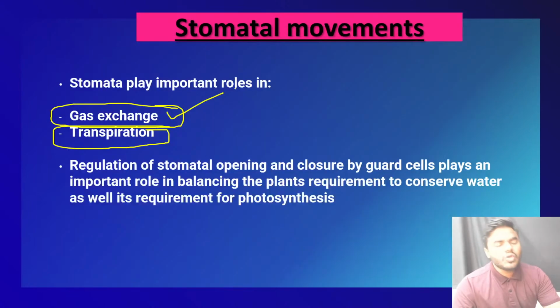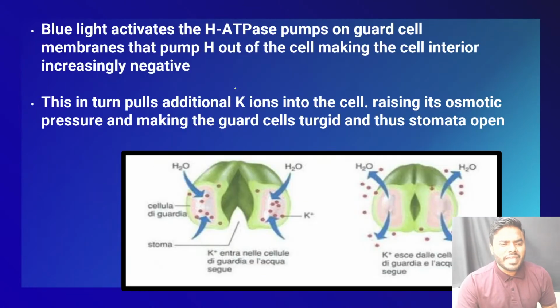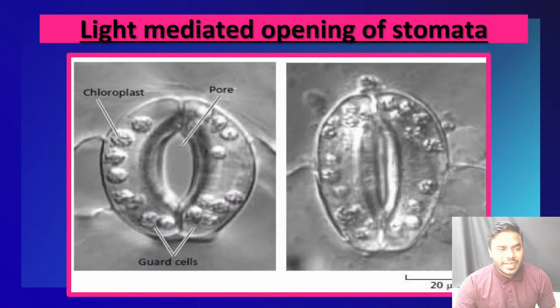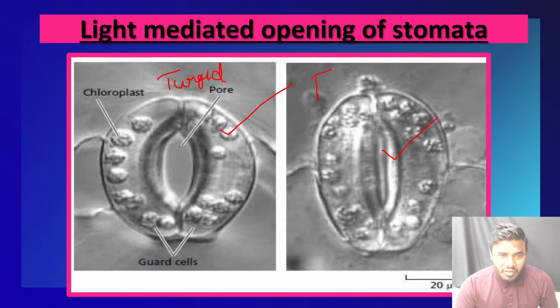Now we also know very well, friends, we read many times, when the stomata will be opened, when the stomata will be closed. We all know, right? When the guard cell becomes turgid, stomata will be opened. When the guard cell becomes flaccid, stomata will be closed.